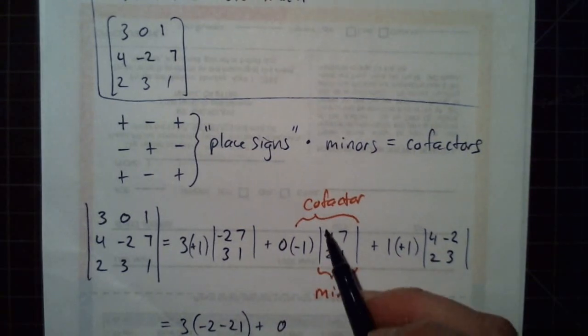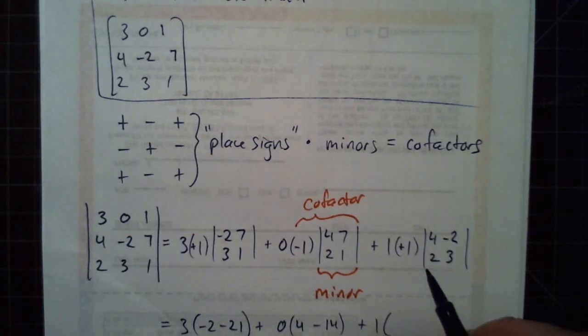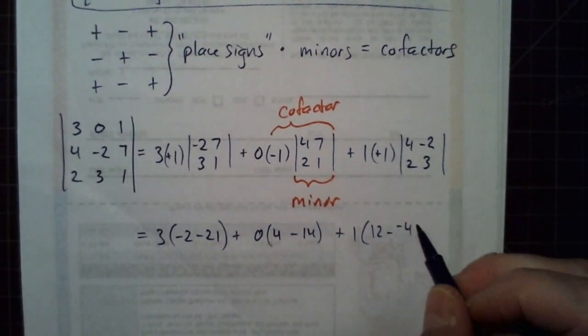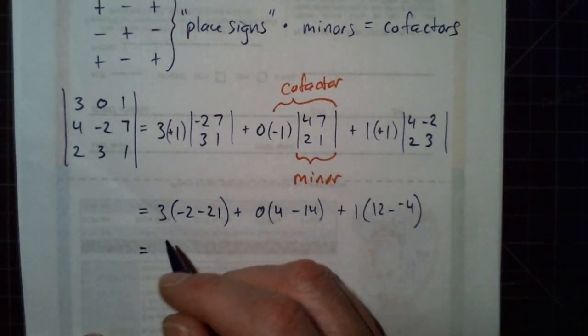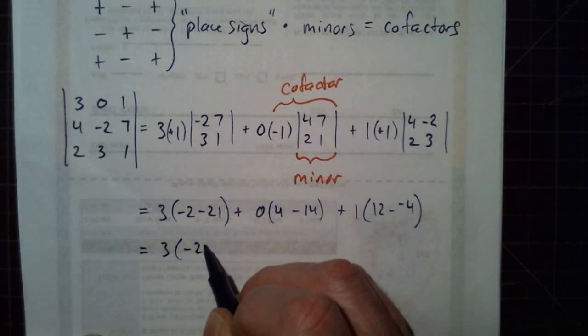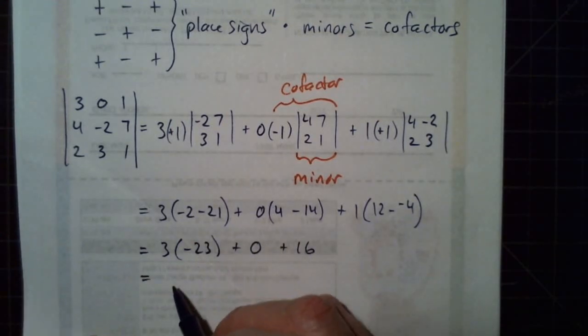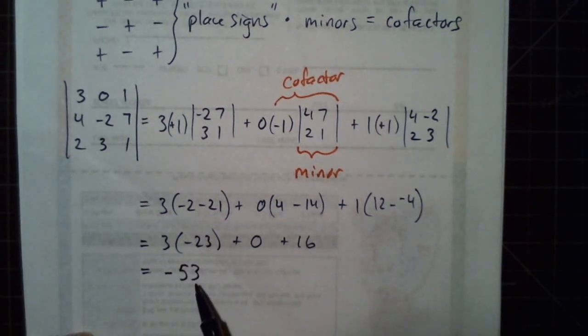Just for practice, we can write 4 minus 14. 12 minus negative 4. And that's the determinant.